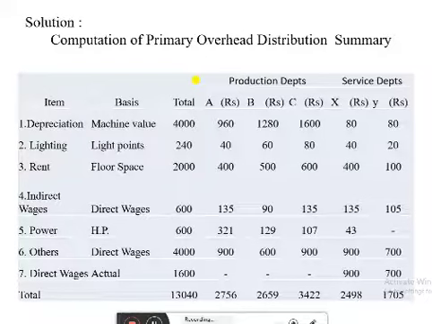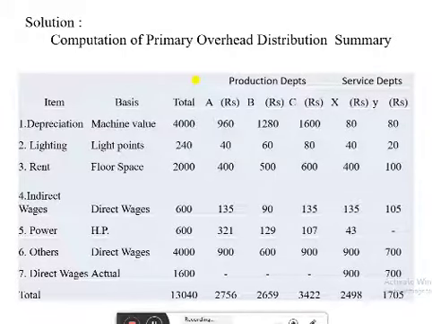Okay, so in this slide I have calculated the primary overhead distribution summary. As we all know the format: item, the basis, total, production departments A, B, C and service departments X and Y. Okay, so the first item is depreciation. As we all know, depreciation has to be calculated on the basis of machine value.